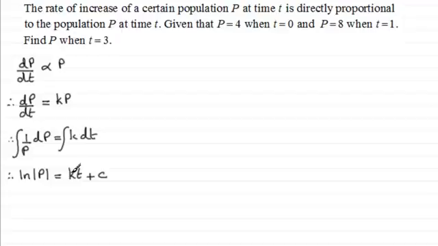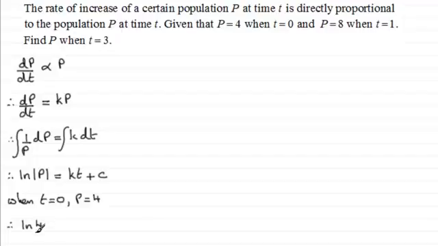Now, to work out these constants, we've got to look at these initial conditions up here. And we'll take the first condition. When t equals 0, we know that P equals 4. Let's just write that in here. And we can substitute this into this equation, and therefore we have the natural log of 4.